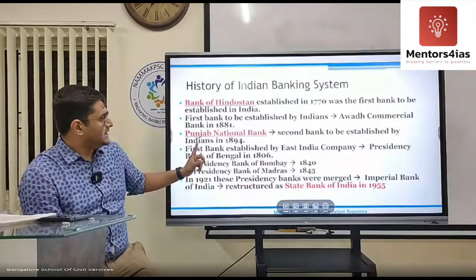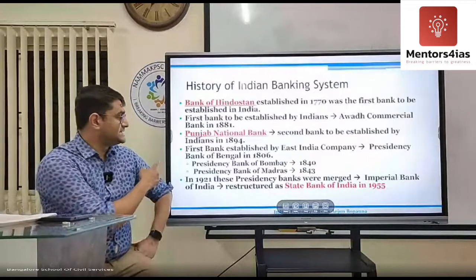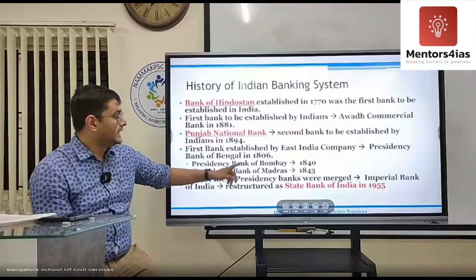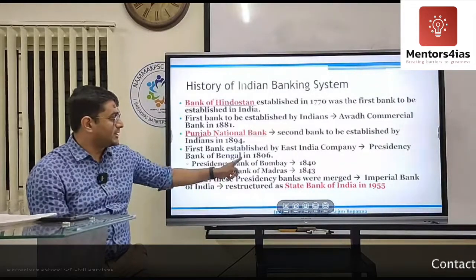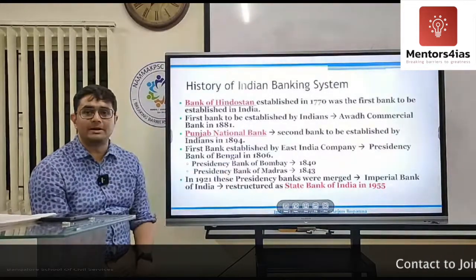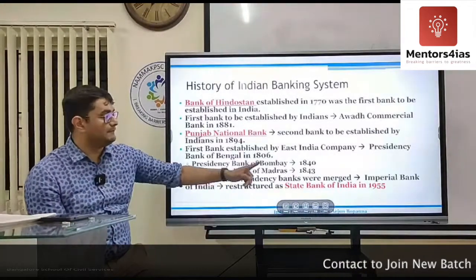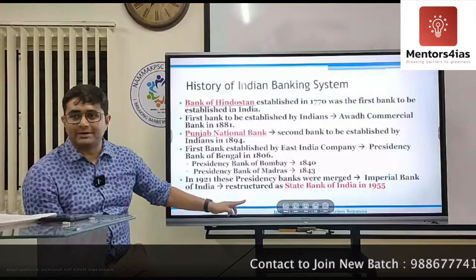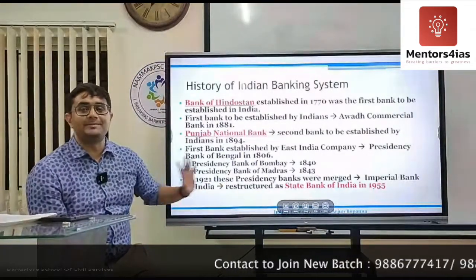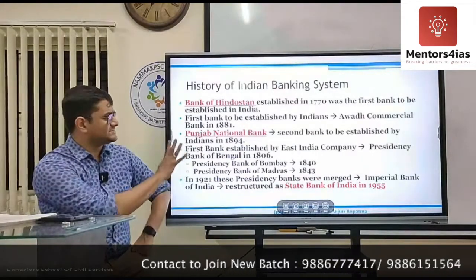The first bank established by the East India Company was the Presidency Bank of Bengal in 1806. It also set up the Presidency Banks of Bombay and Madras. All of them were merged together to form the Imperial Bank of India, which was renamed and restructured as State Bank of India.